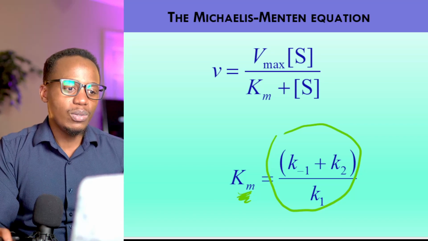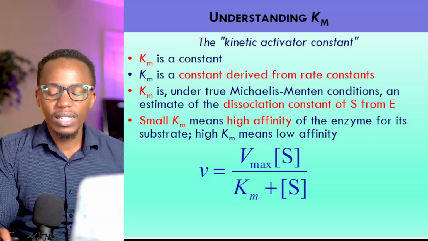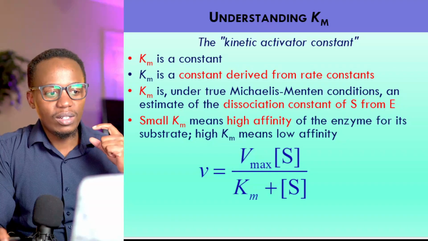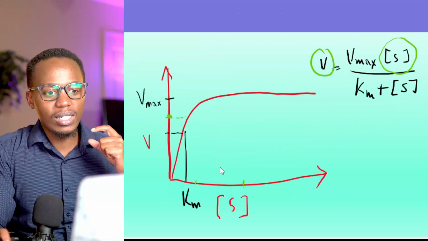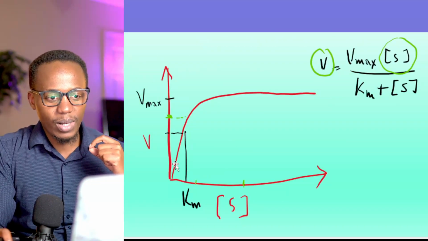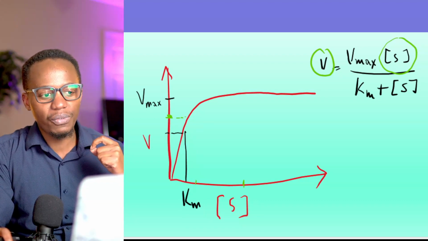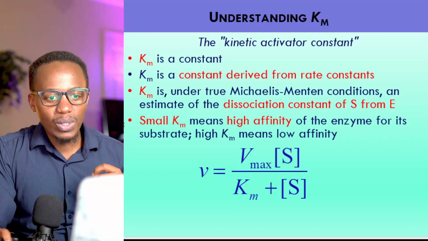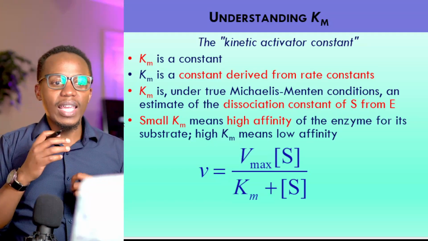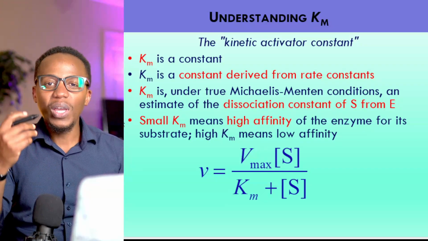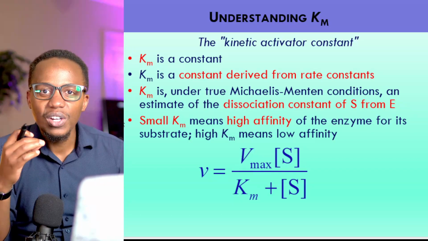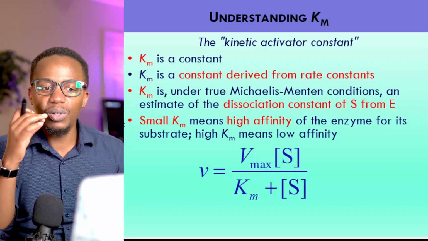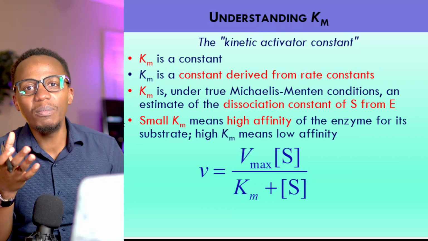So this is where it's derived from, but the significance of it on the graph is this, right? It corresponds to half of Vmax, but also it shows the affinity. So a lower Vmax shows a high affinity of the enzyme. Not lower Vmax, low Km, my bad.